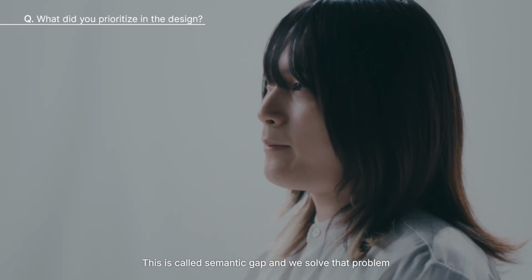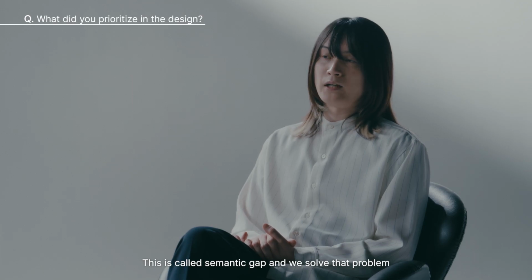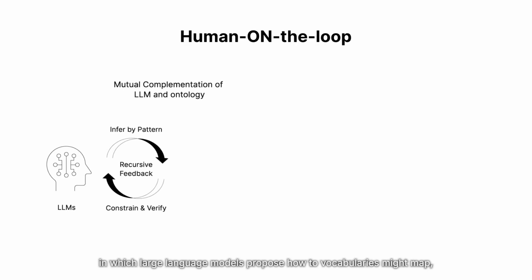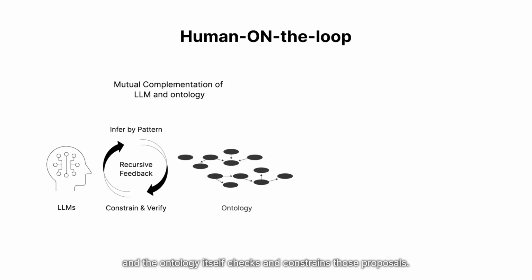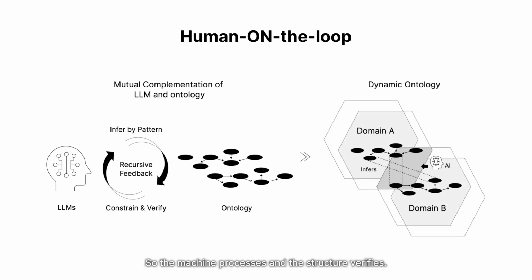This is called the semantic gap, and we solve that problem with what we call dynamic ontology, in which large language models propose how two vocabularies might map, and the ontology itself checks and constrains those proposals. So the machine proposes and the structure verifies.